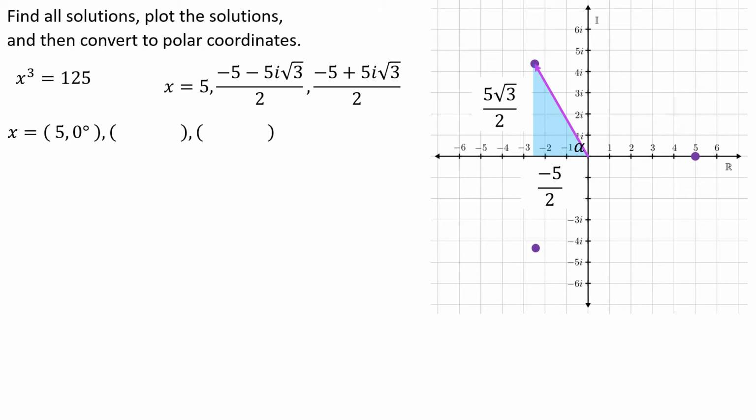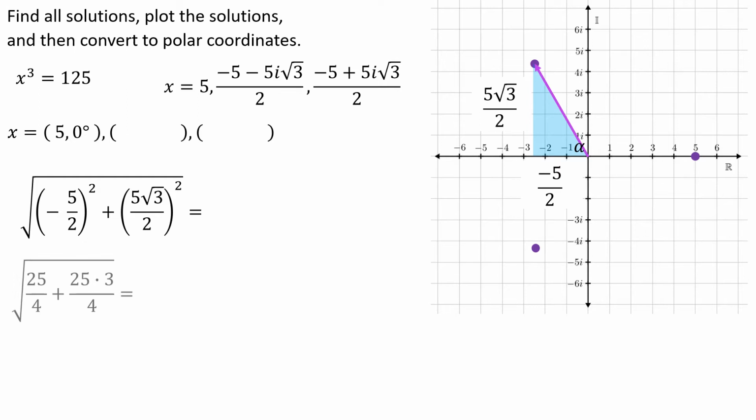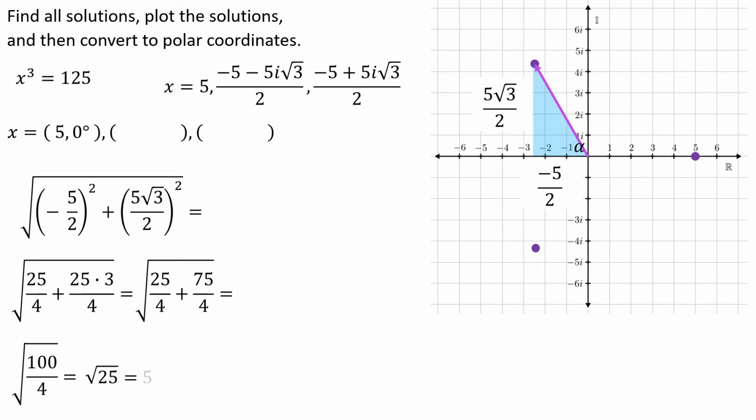And I just realized that I'm actually doing the third solution now, right? Because I'm doing the positive 5i root 3 over 2. That becomes the positive 5 root 3 over 2. So I've got to figure out the distance. And surprise, surprise, the distance is exactly 5.